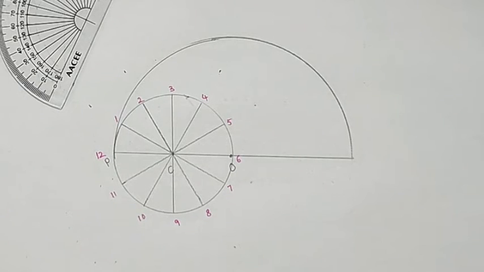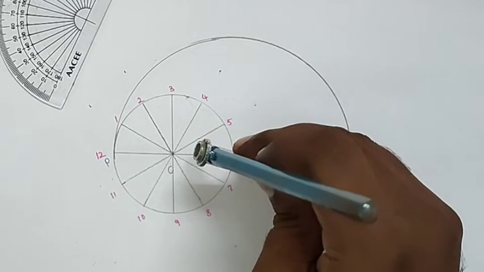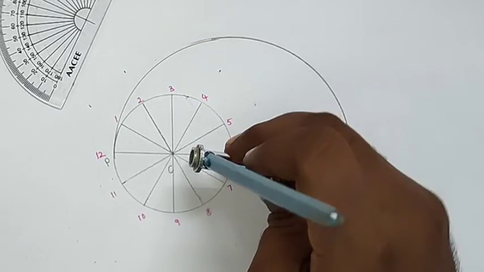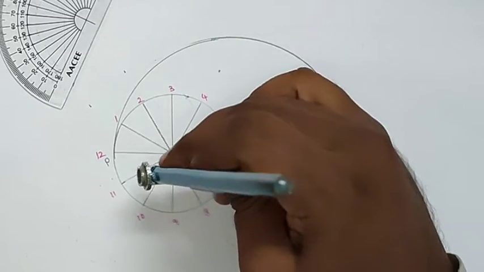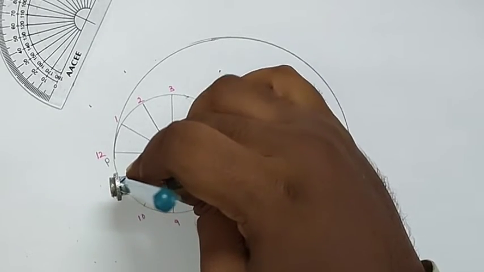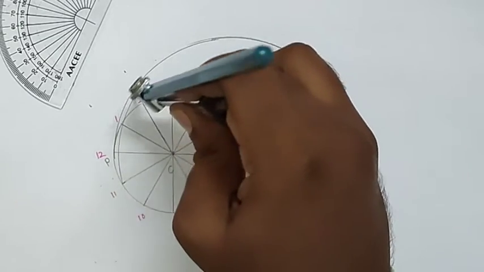Now we can follow the same procedure. From the center of the directing circle, through the points on the rolling circle, we will draw the arcs. With O as center, O11 as the radius, draw the arc first of all.